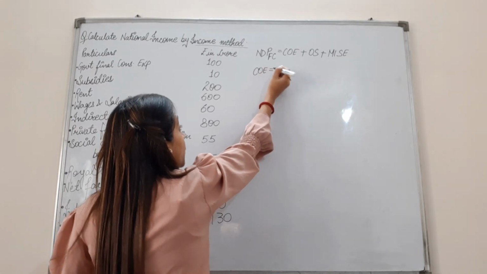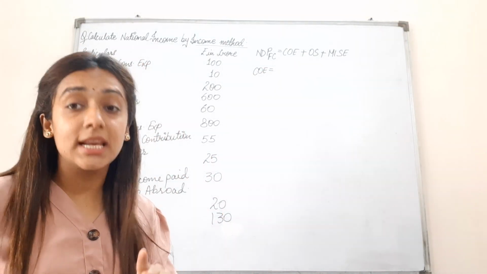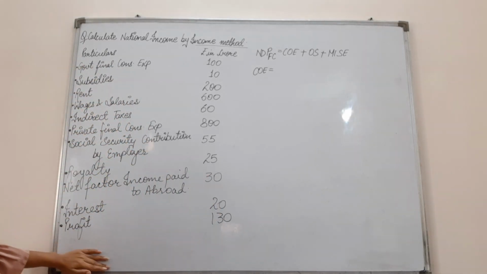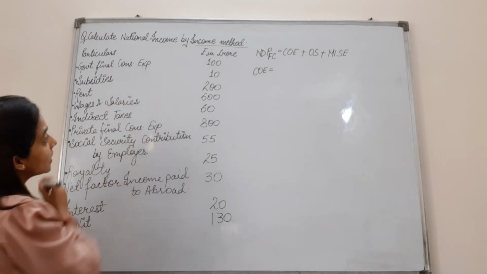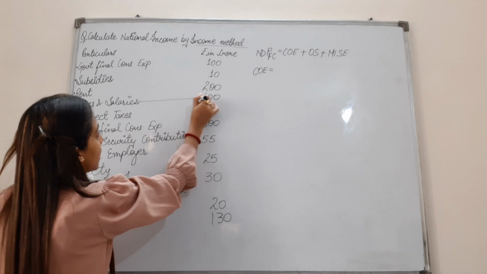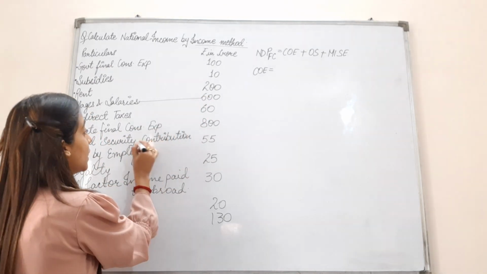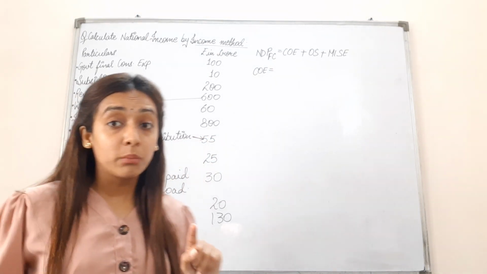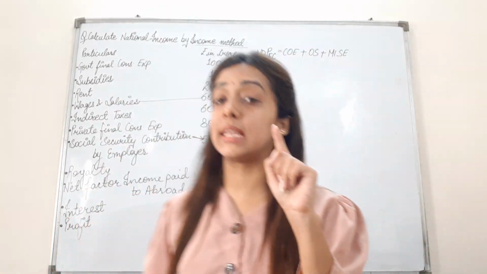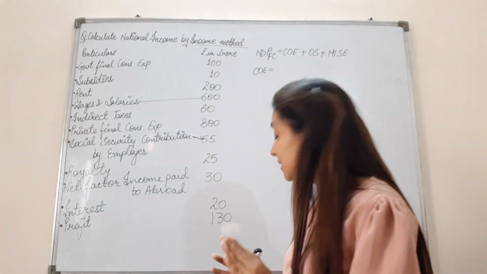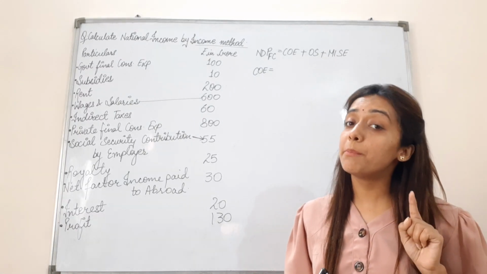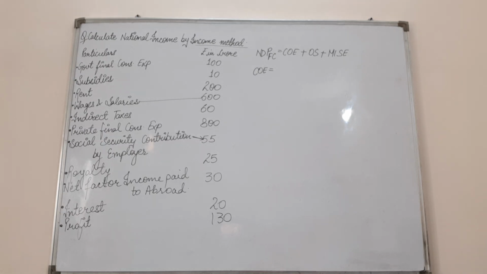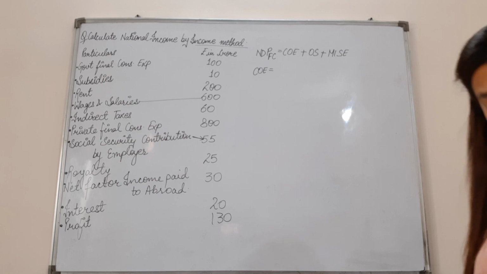Now what is COE? We will see whether COE is given directly in the question or we have to calculate COE. COE is not given directly. It is given, that is your wages and salaries, and employer contribution is also given. What is the formula? Wages and salaries in cash, wages and salaries in kind, plus employer's contribution to SSS, that is Social Security Scheme.